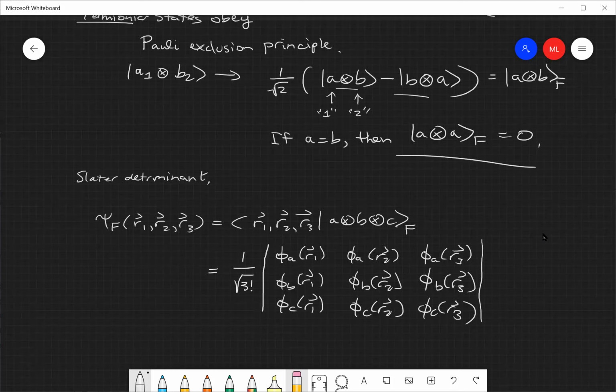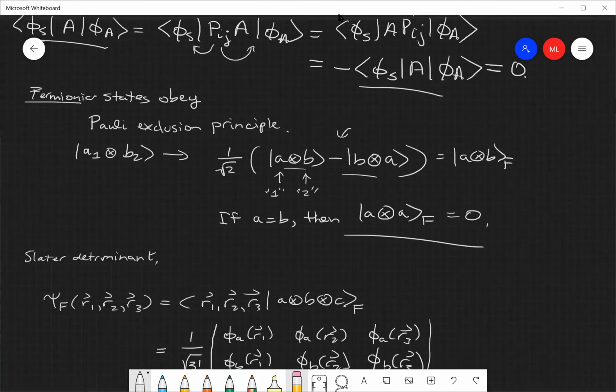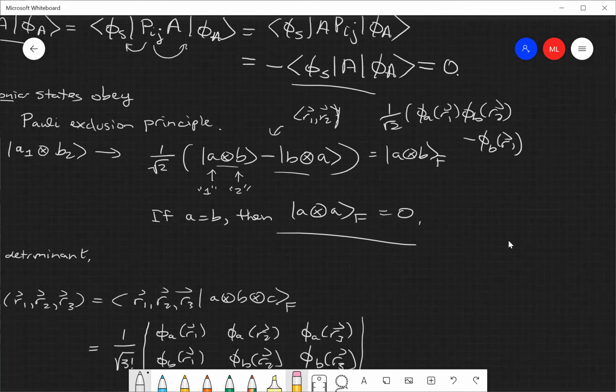So for 2 particles, this is just the same as the wave function above, A cross B minus B cross A. If I take this and dot it into R1, R2 to get the wave functions, I would get 1 over root 2 phi A(R1) phi B(R2) minus phi B(R1) phi A(R2). That's the fermionic wave function.